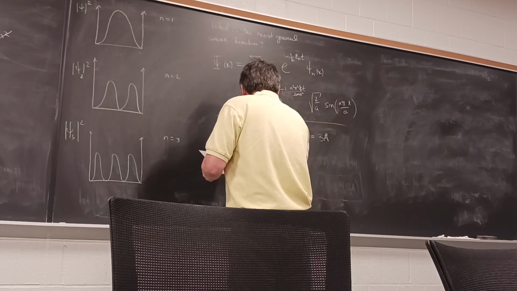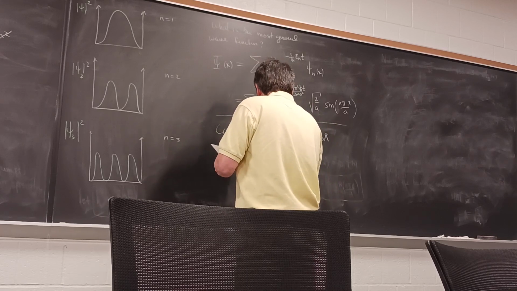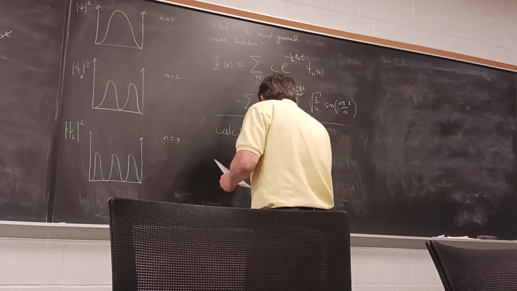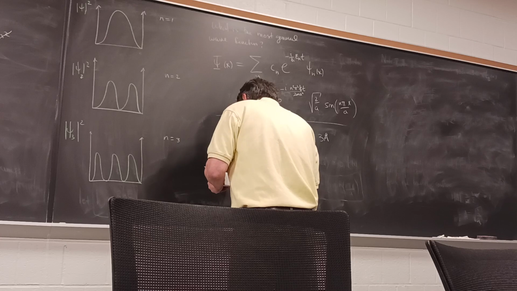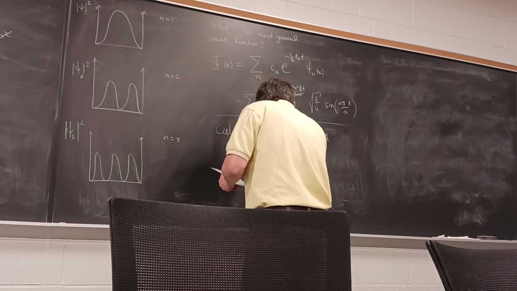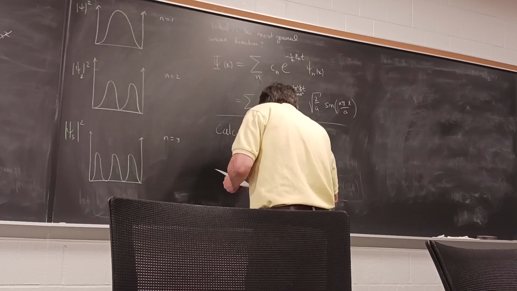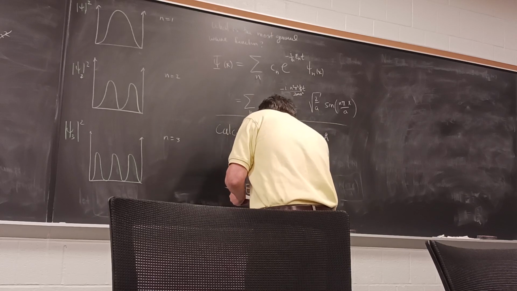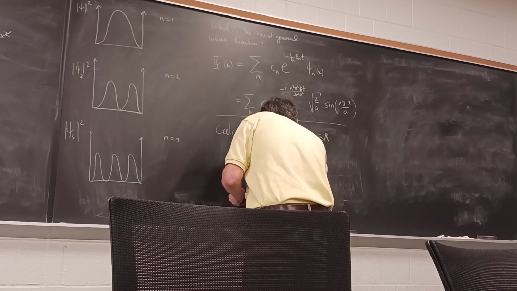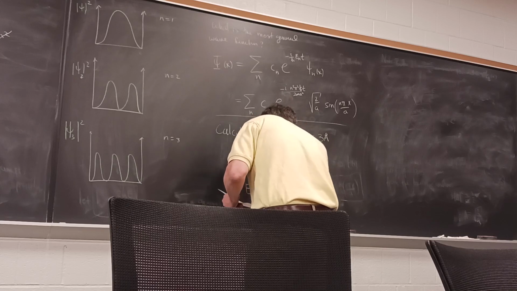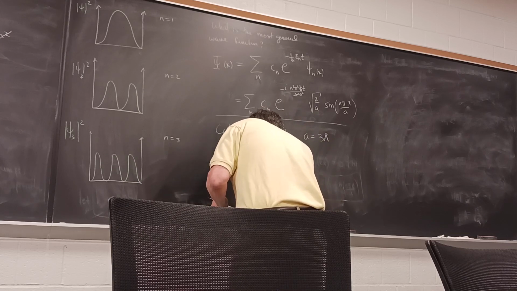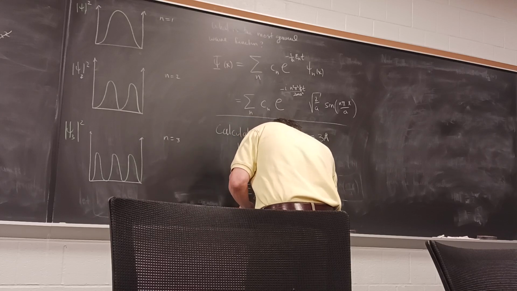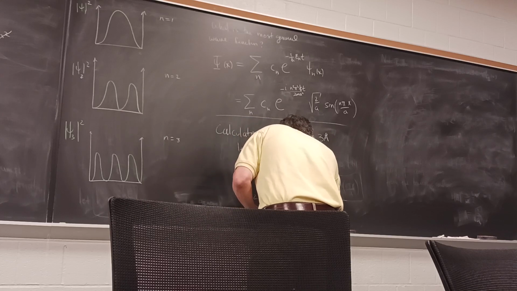One eV, to remind you, is 1.602 times 10 to the minus 19 joules. So E1 will be 4.18 electron volts, E2 will be 16.73 electron volts, and E3 will be 37.6 eV.